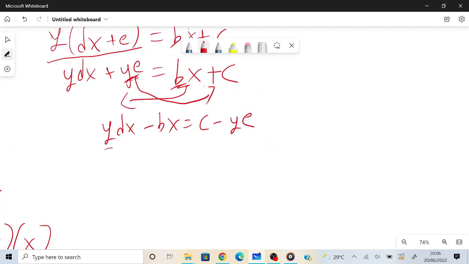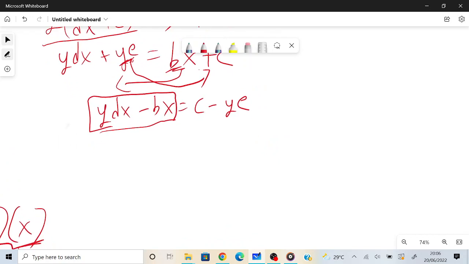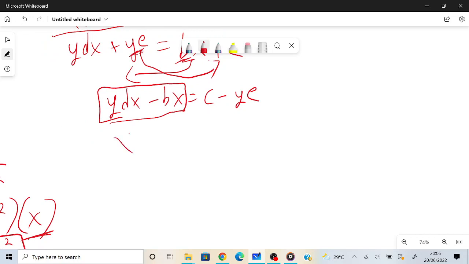Now if you look at it carefully, you can see that this part over here is factorizable. So taking the x, you have x into yd minus b equals c minus ye.